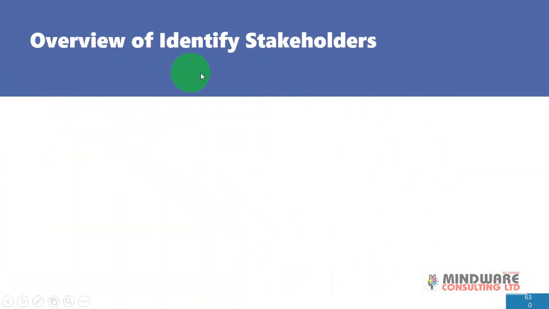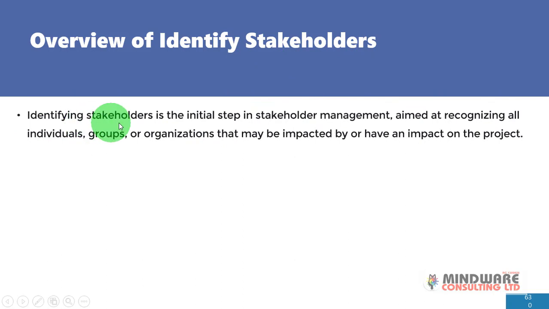Firstly, an overview of the identify stakeholders process. Identifying stakeholders is the initial step in stakeholder management, and it is aimed at recognizing all individuals, groups, or organizations that may be impacted by or have an impact on the project.